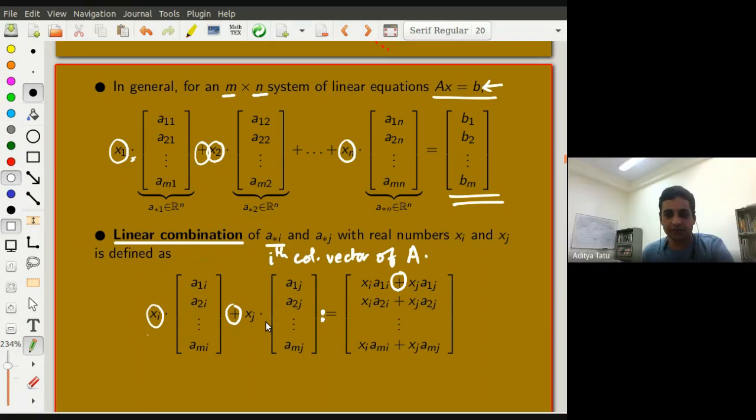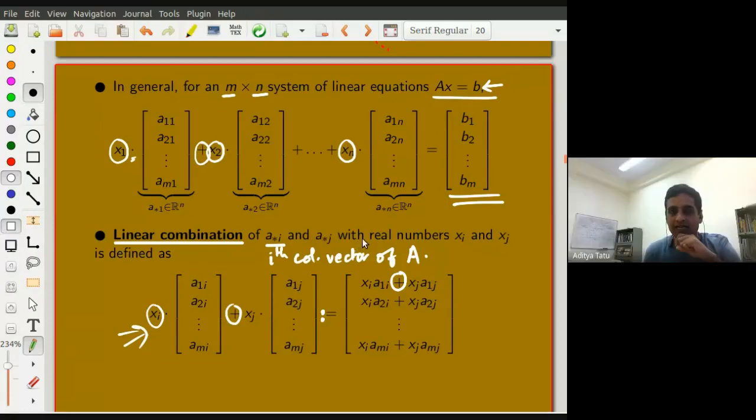Is it clear to everyone? I have defined over here what is meant by a linear combination of two vectors. But if you know how to do a linear combination of two vectors, you also know how to do a linear combination of three vectors, four vectors, and so on for any finite number n.